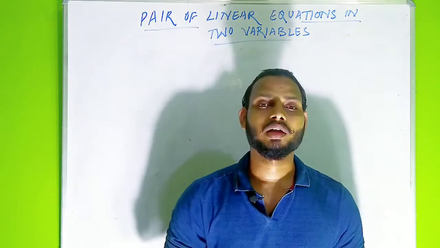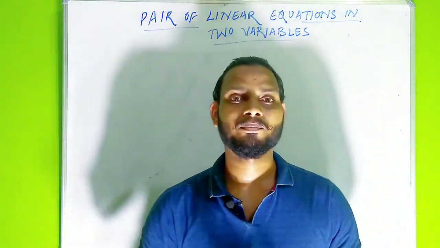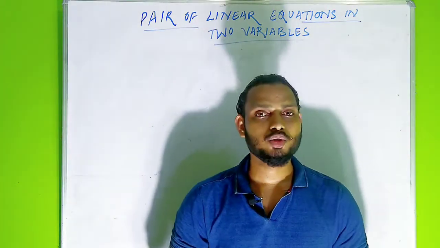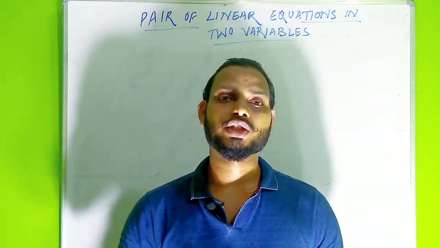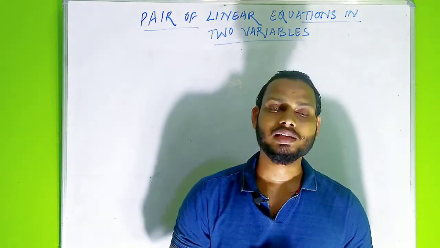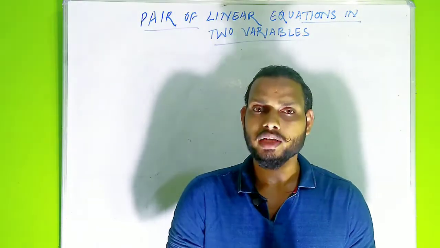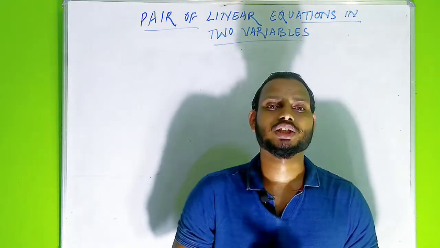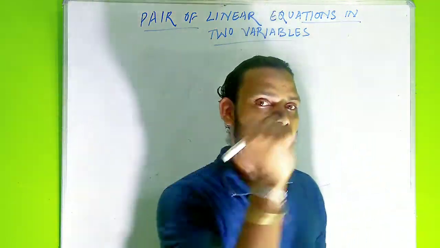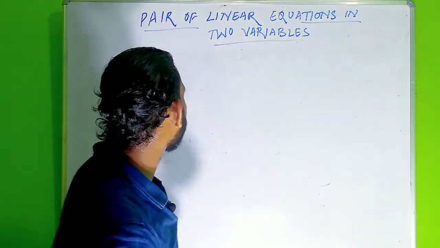In a few more videos we will see how to find the solutions of the pair of linear equations geometrically as well as algebraically. So without wasting time, let us start today's topic, the pair of linear equations in two variables.